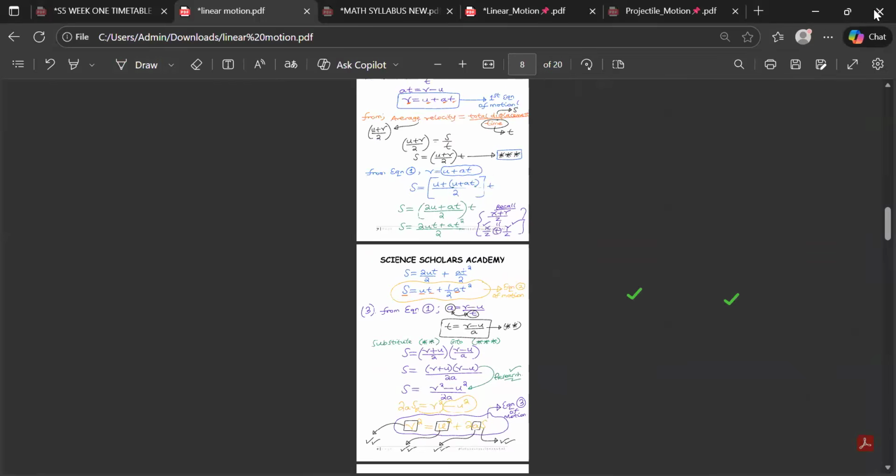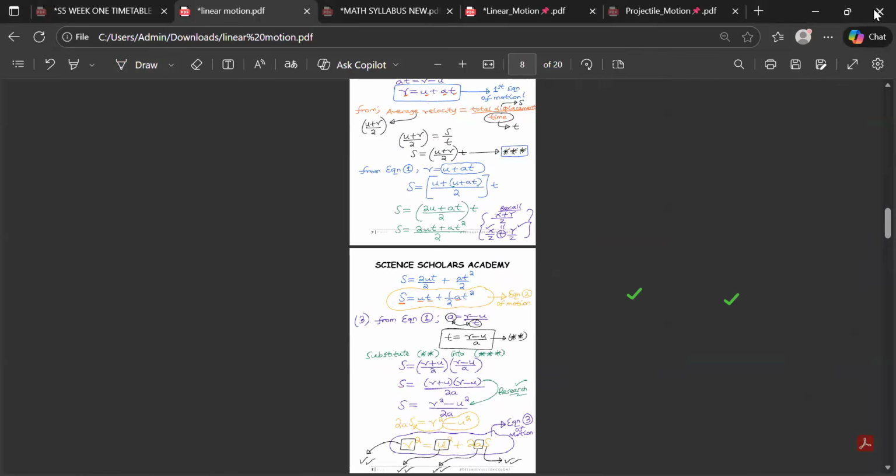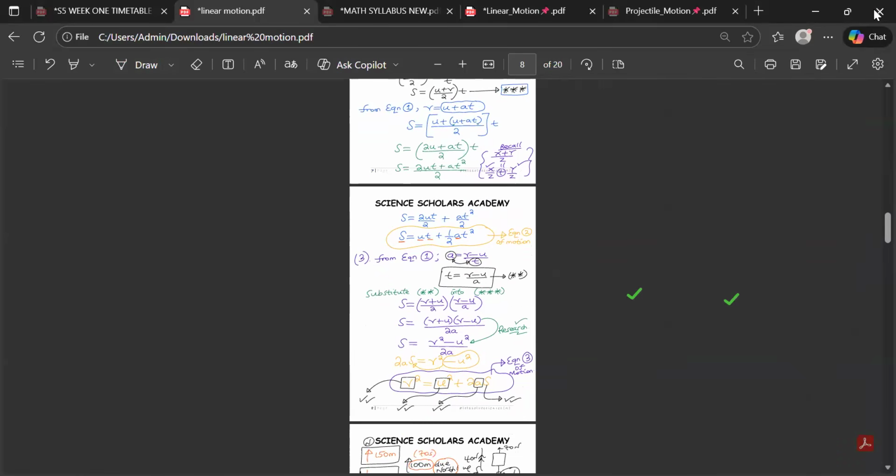Equation 1 cannot work because it doesn't have S. It is equation 2 and 3 that have S. But equation 3 may not work because it is having V. But equation 2 will work because to get S you need U and T and A, all of which we have.